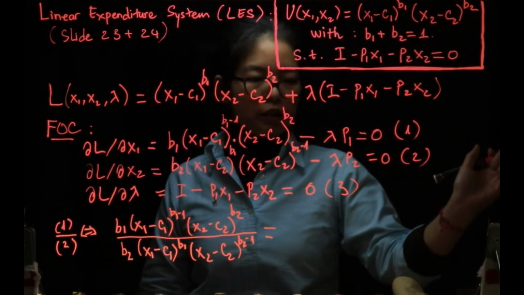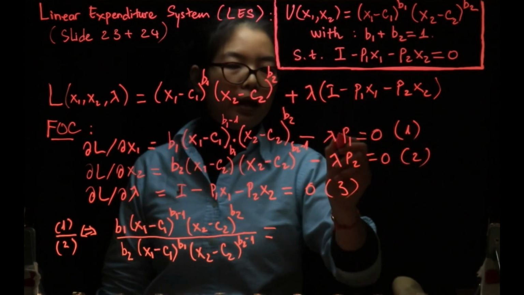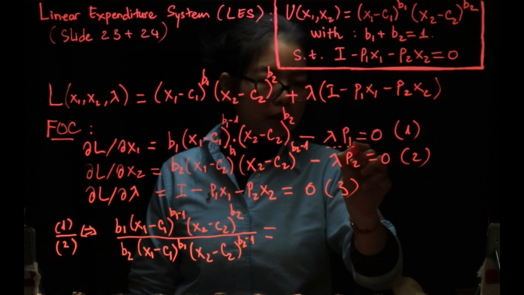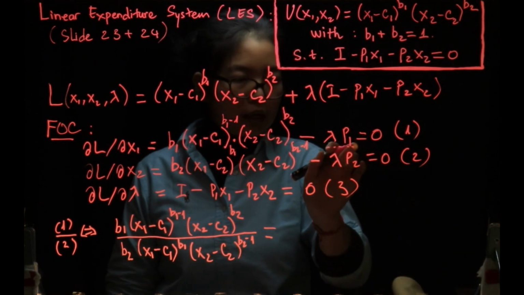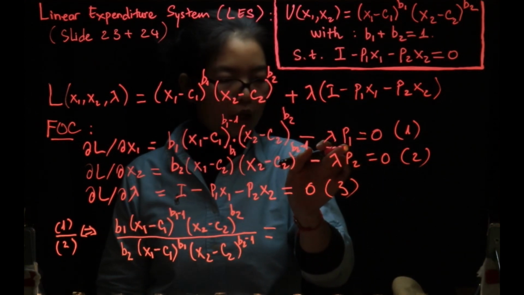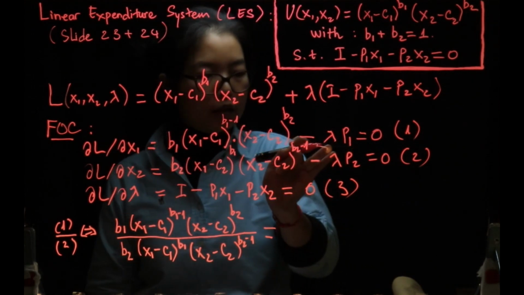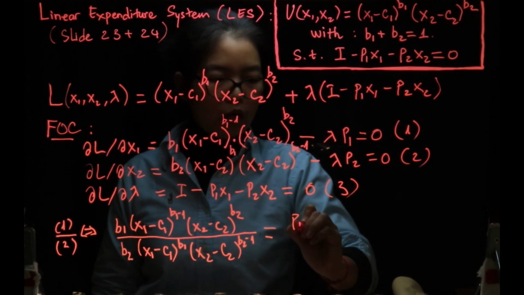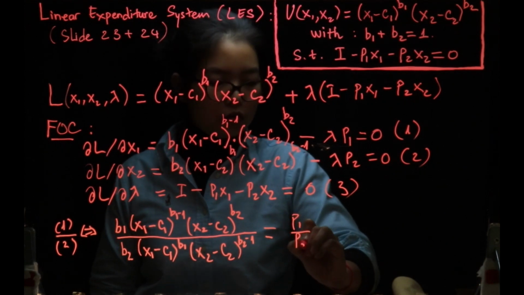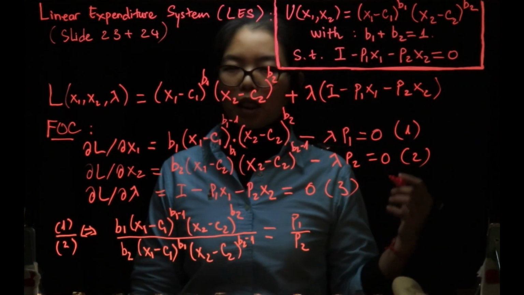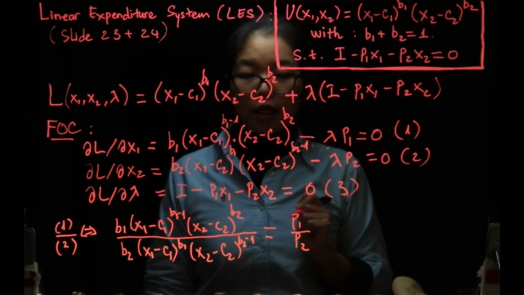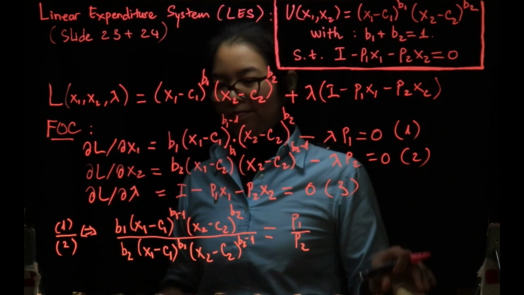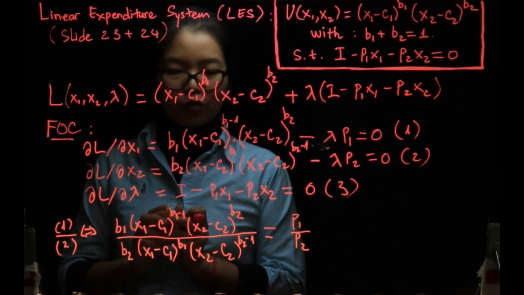Now we put lambda and prices on the other side, and when we divide the first one by the second one, lambda cancels out. So at the end, we still have the ratio of two prices, p1 over p2, which is the negative of the slope of the budget constraint.